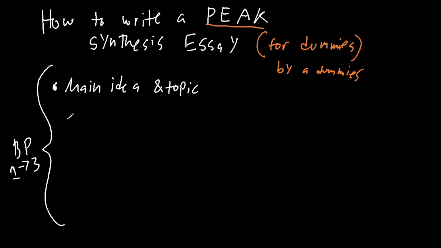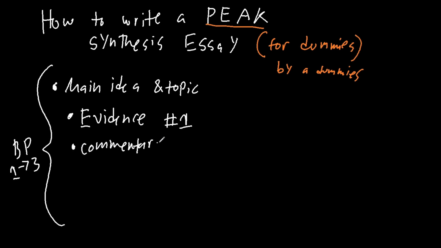So you need the main idea and topic sentence. Then evidence number 1, then commentary on evidence number 1. I have a little thing for the commentary later, but that's the hardest part, obviously.